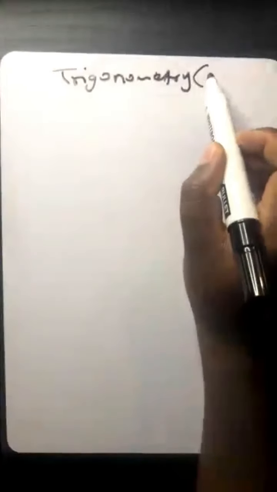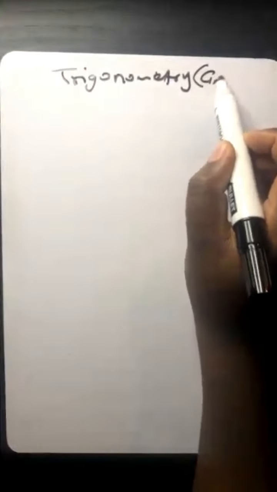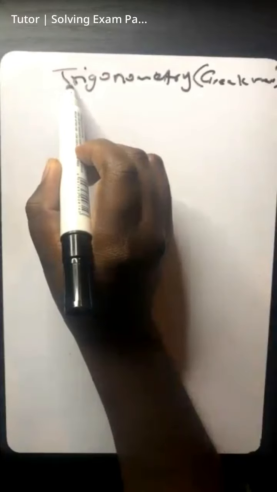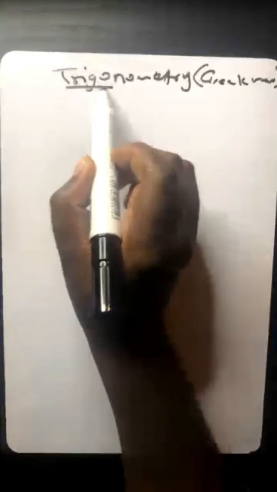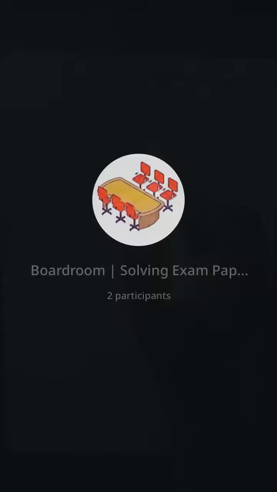Trigonometry is a Greek word. I think trigono represents a triangle, and the other part of the word refers to a measure.